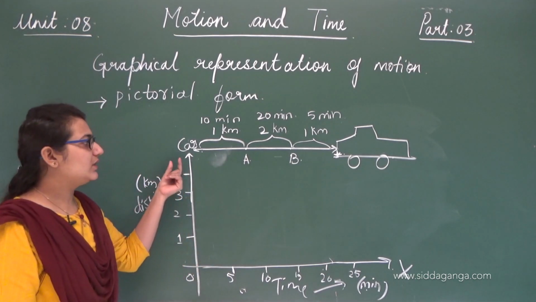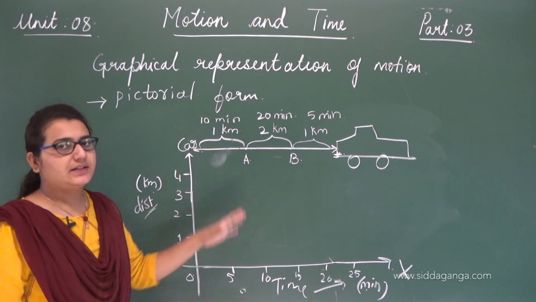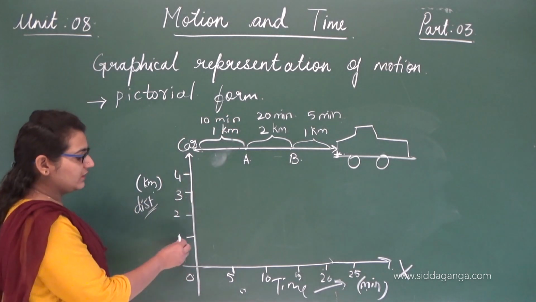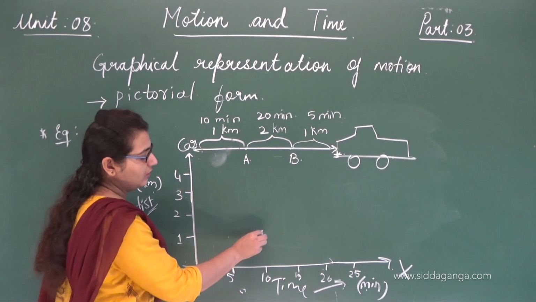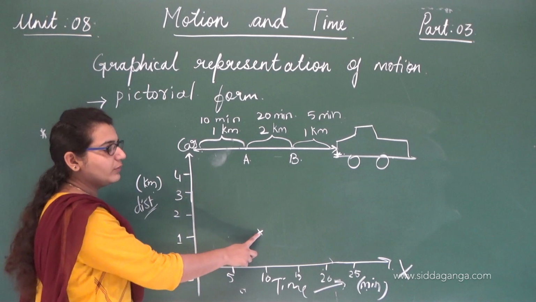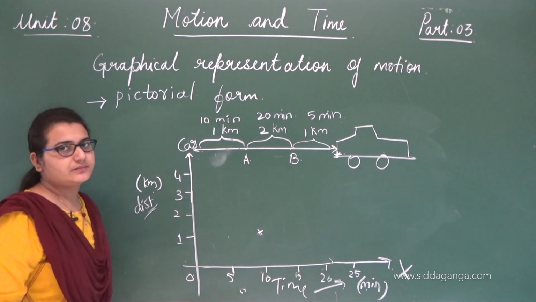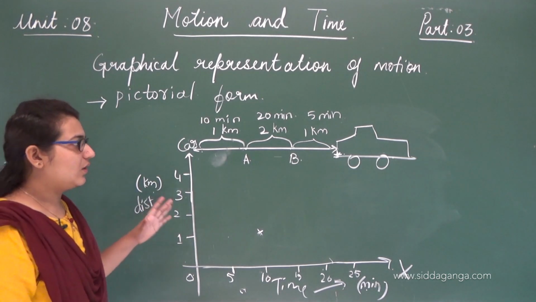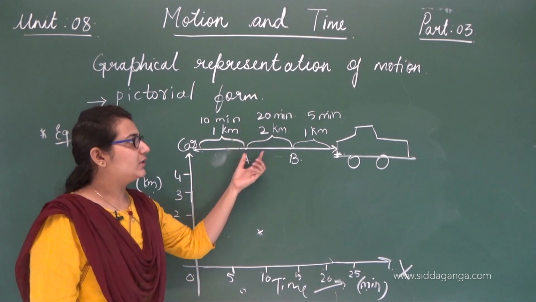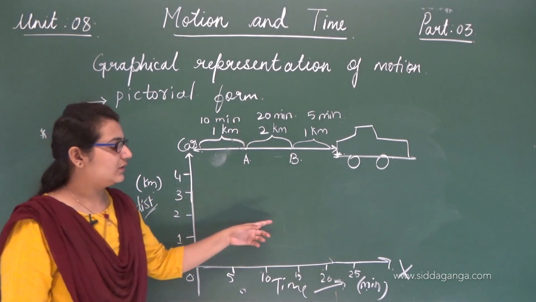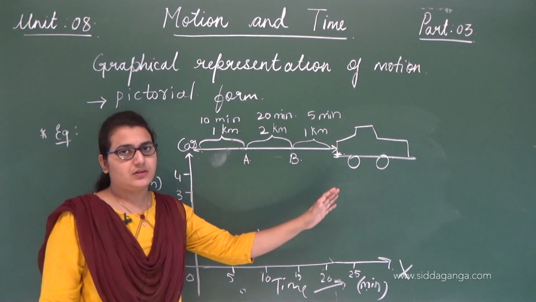To reach a point A, the distance covered is 1 kilometer and the time taken is 10 minutes. So this is the first point, 1 kilometer at 10 minutes. Now we cannot mark again 2 kilometers at 20 minutes, no, because we are talking about the whole traveling point.